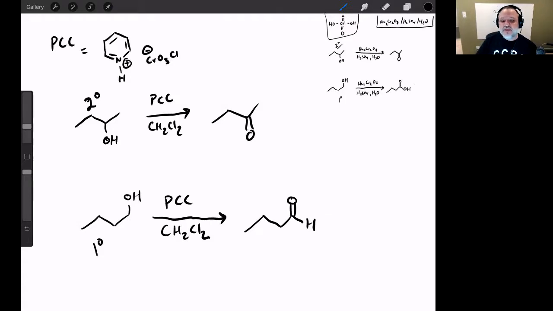And so this is a big difference because in synthesis, you're going to want to be able to create aldehydes versus carboxylic acids. And so you're going to have to make the right choice of oxidizing agent.